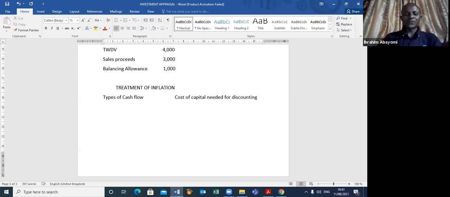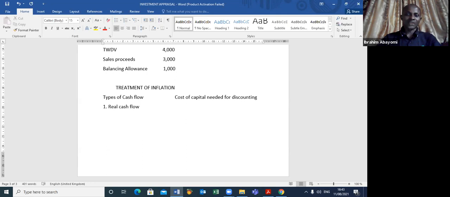Now, the first type of cash flow you can have, we call it real cash flow. And what do we mean when we say a cash flow is real? When a cash flow is real, it simply means that that cash flow has not been inflated.